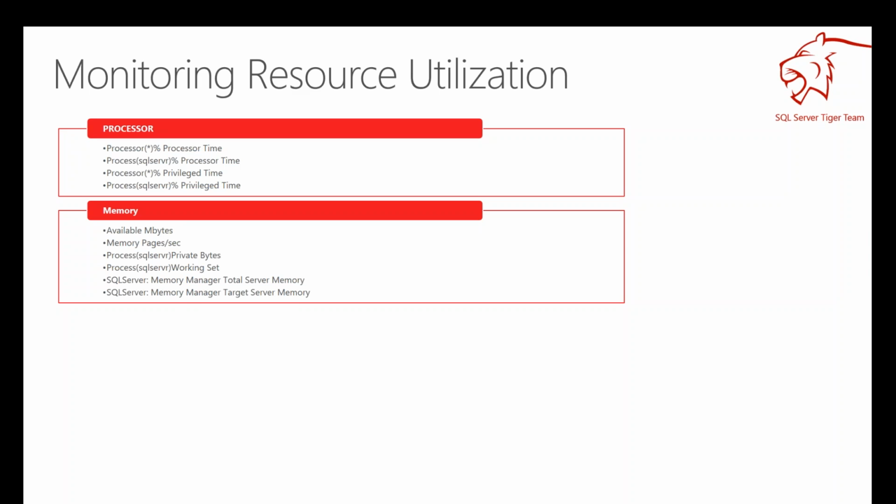If your target is less than total, and I will show you those scenarios as well, in that case there is an external memory pressure, and target, when it is less than total, is signaling SQL Server, saying, hey, you need to shrink memory and you need to decommit pages, and total will again try to follow target and will start decommitting pages and will try to be either equal to or less than target. So total server memory within SQL Server will always follow your target server memory.